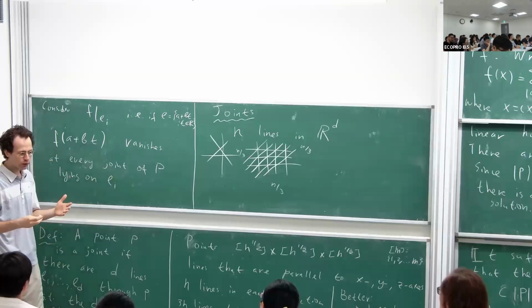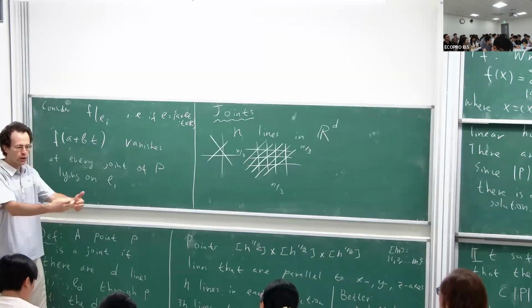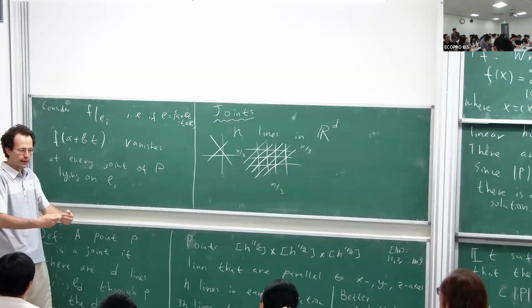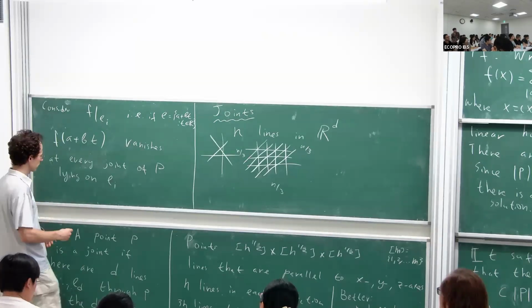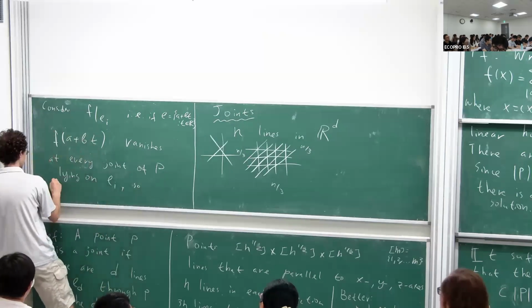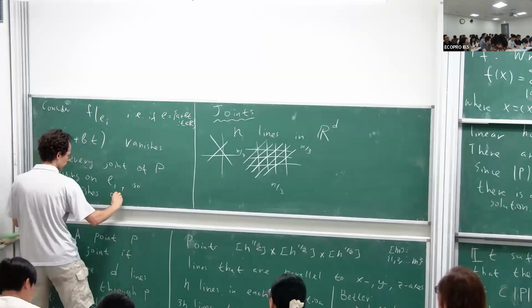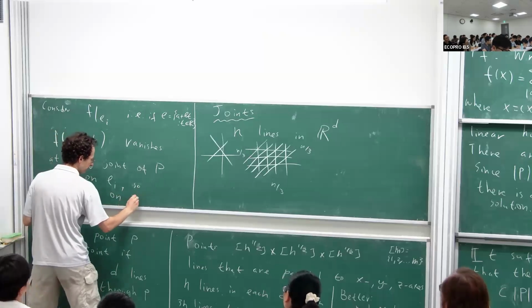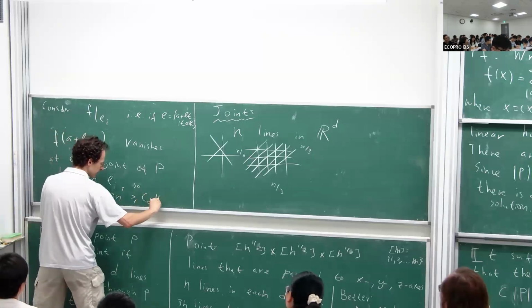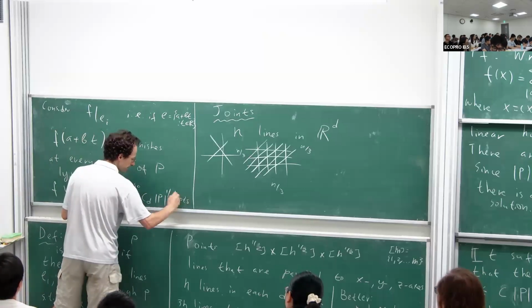And by assumption, there are quite a few of them, because remember, we're starting with the assumption that no line contains few joints. So F vanishes on at least c d P^(1/d) points.